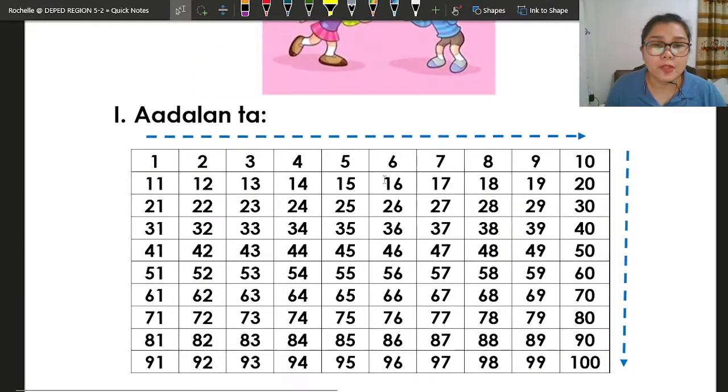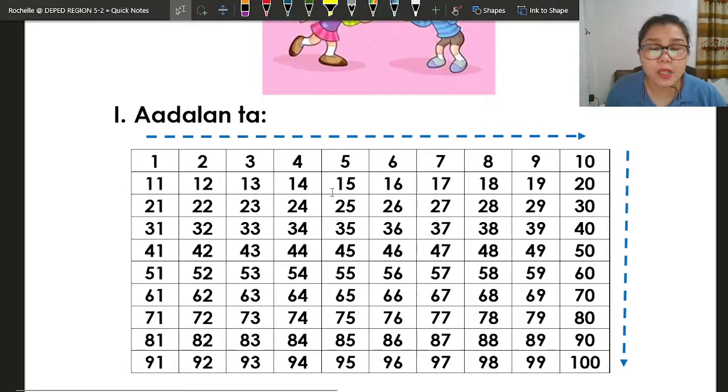So, we can refer to this number chart. If these numbers from 1 to 100 are familiar to you, then that will not be a problem anymore. But if you still get confused on what numbers to follow, keep practicing.